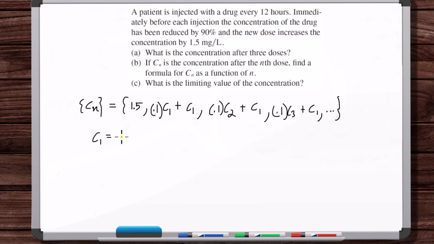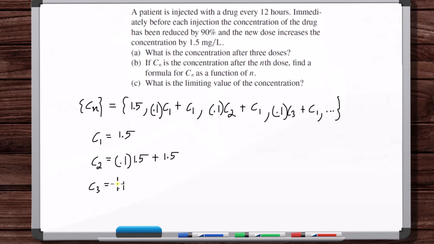So C sub 1 is 1.5. Okay, C sub 2 is 0.1 times 1.5 plus 1.5. Okay, C sub 3 is, so it would be 0.1 times C sub 2, right? That's how the recursive formula is set up, but let's just input C sub 2.